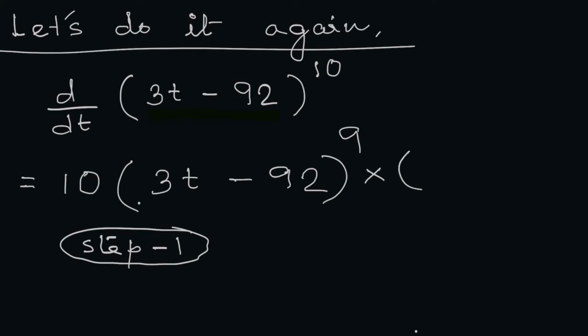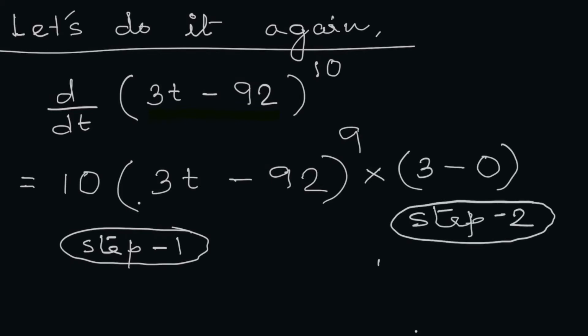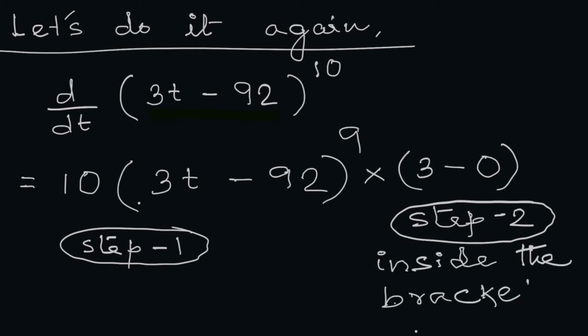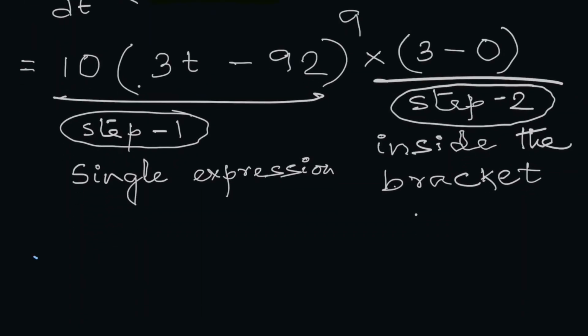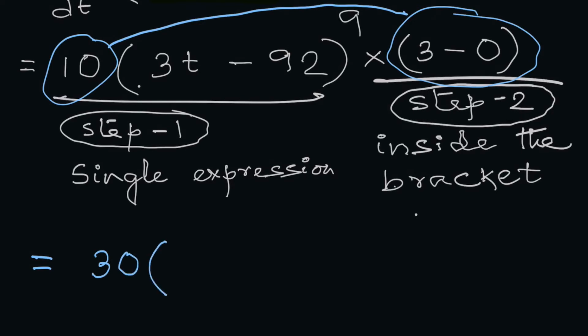Then going inside the bracket, it will give us 3 minus 0, step 2. So in step 2, we go inside the bracket and differentiate the expression separately, each term. And in step 1, single expression and then applying the basic formula n into x to the power n minus 1. Now 10 into 3 gives us 30, then (3t minus 92) whole to the power 9.